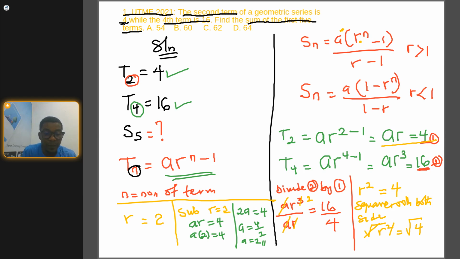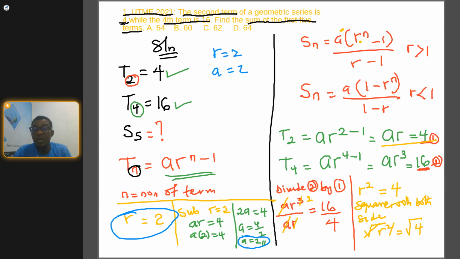The value of R is 2 and the value of A also is 2. Now we can solve the question. The question is find the sum of the first 5 terms. Now we are going to do that.